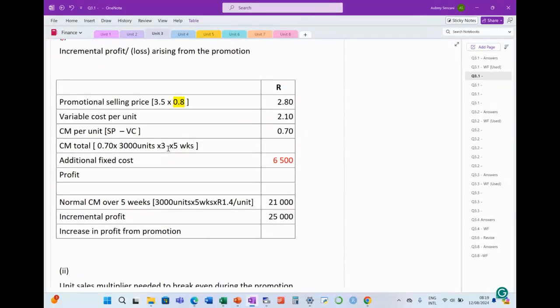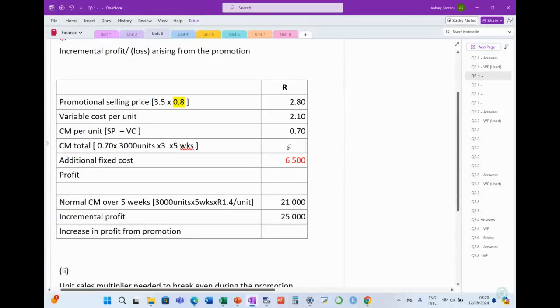So 0.70 times 3,000 times 3 times 5. What do we get? What is our total contribution margin? 31,500.